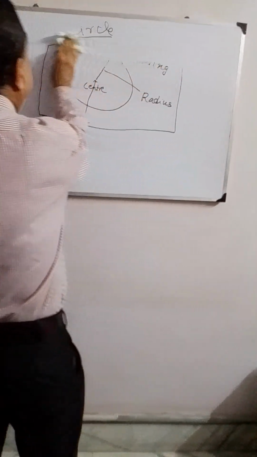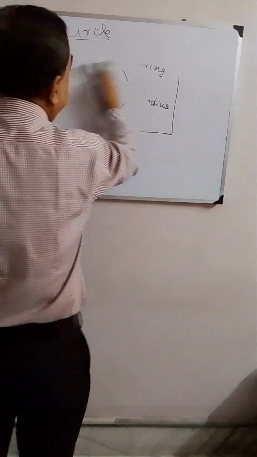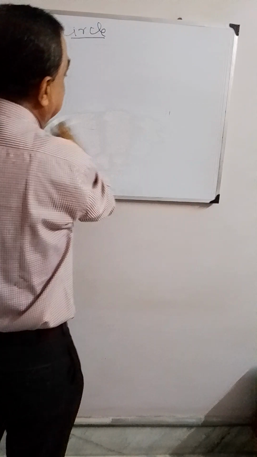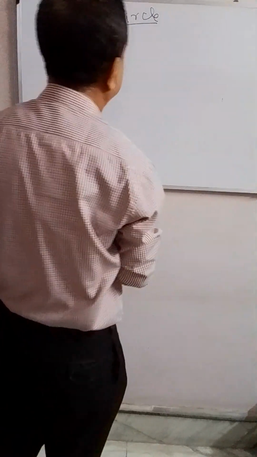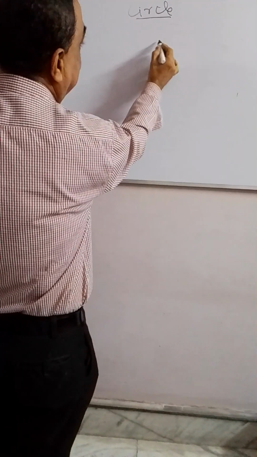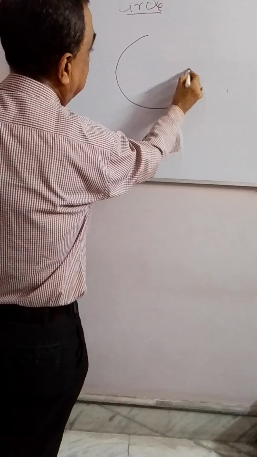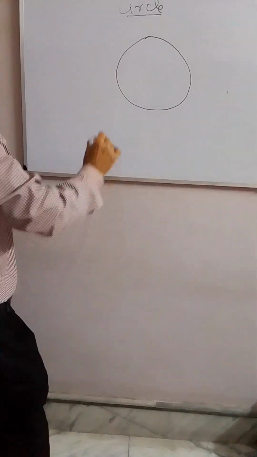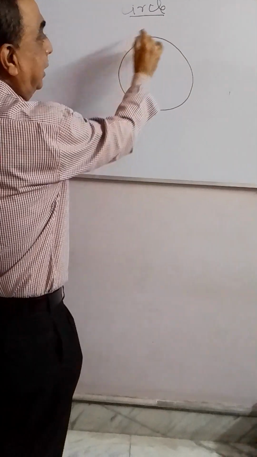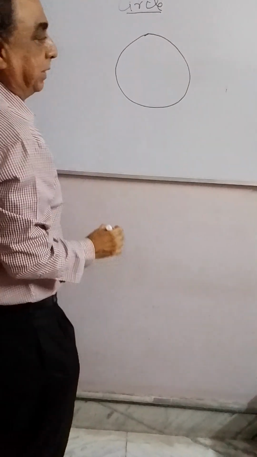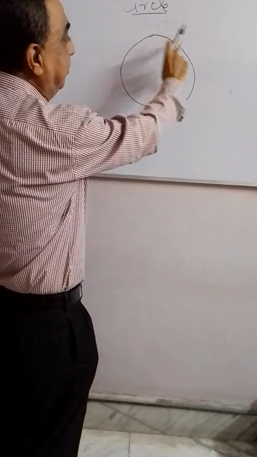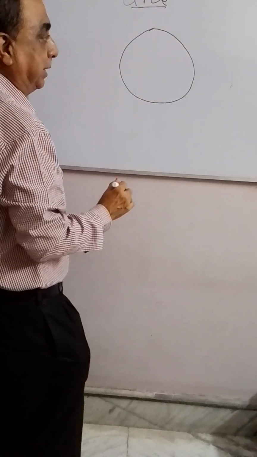Now, the equation of a circle means what? What is the meaning of the equation of a circle? The equation of a circle is the equation of its circumference.